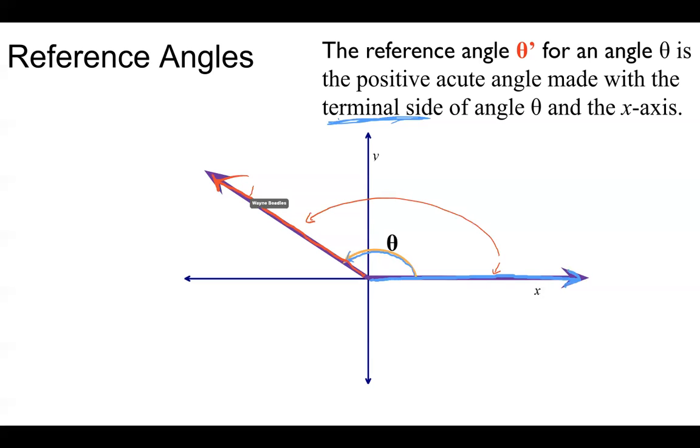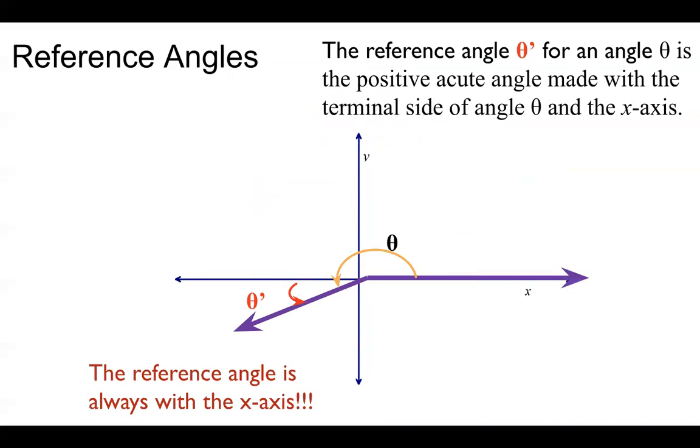This is going to be what we call the terminal side. So again, if this was 120 degrees, this would be 60 degrees. So your reference angle is always 60 degrees, and we usually make a little triangle out of it. Okay, so reference angles.